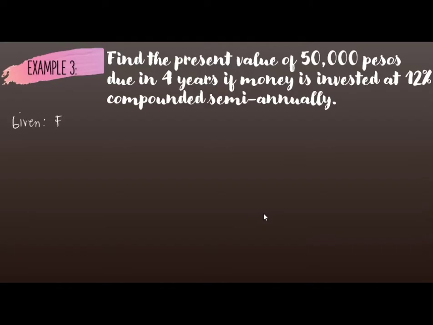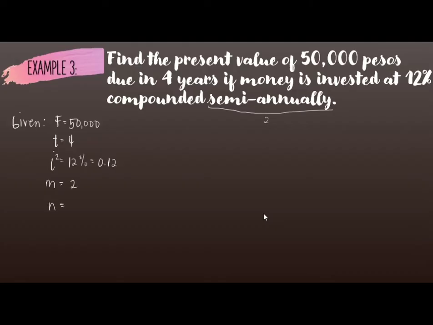Okay, so yung F natin or yung maturity value is 50,000. Then yung time is 4 years. Then yung interest rate is 12% compounded semi-annually. So kapag semi-annually, twice a year. So yung I or yung interest rate is 12% or 0.12. Then yung M is 2.